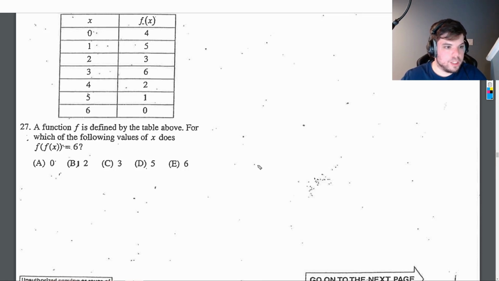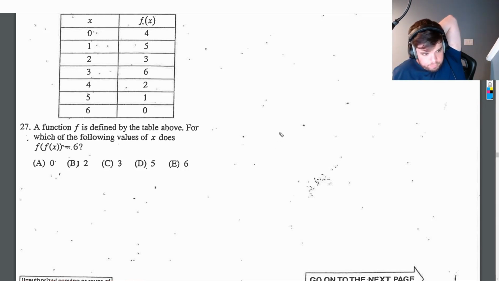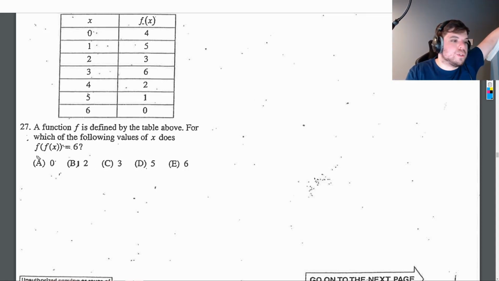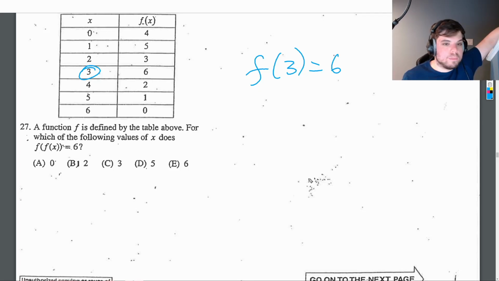Okay, so we got a function defined by the table above. For which of the following values of x does f of x equal 6? Okay, so we're looking for values that we can plug in that give us 6. That's 3. So we know that f of 3 equals 6.